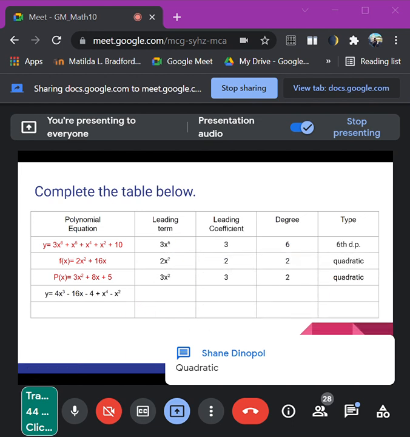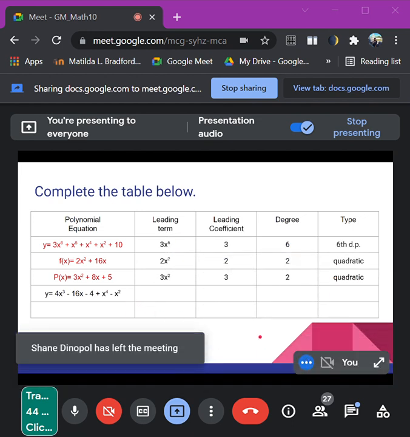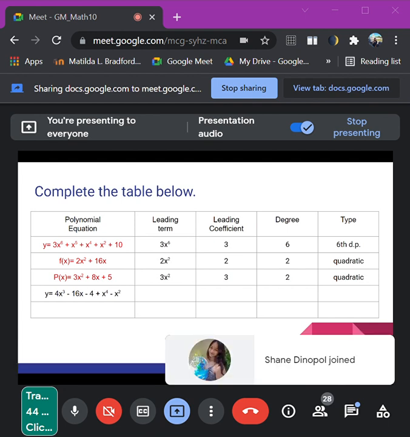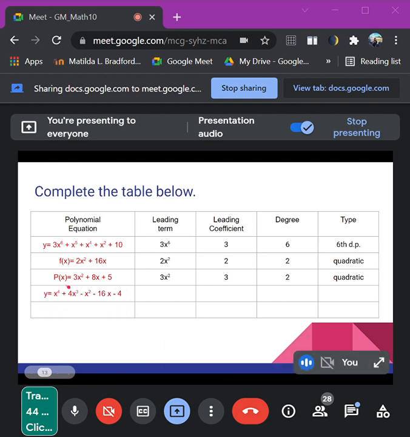Now, let's go to the next one. We have here y is equal to 4x cubed minus 16x minus 4 plus x raised to the power of 4 minus x squared. So change into standard form. So we have y is equal to x raised to the power of 4 plus 4x raised to the power of 3 minus x squared minus 16x minus 4.